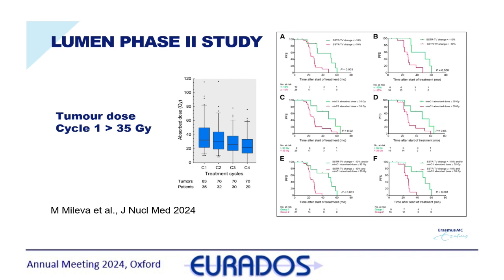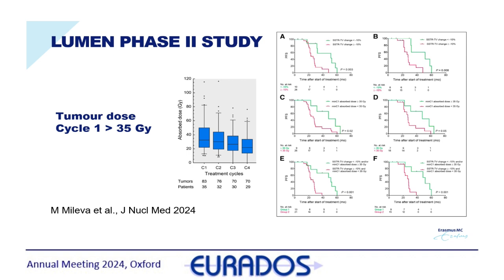Another phase 2 trial showed that patients that had a tumor dose with the first therapy cycle above 35 gray showed a better outcome than patients that were below. So that's already also a nice indication. But above 35 gray, is 200 gray, 250 gray needed?